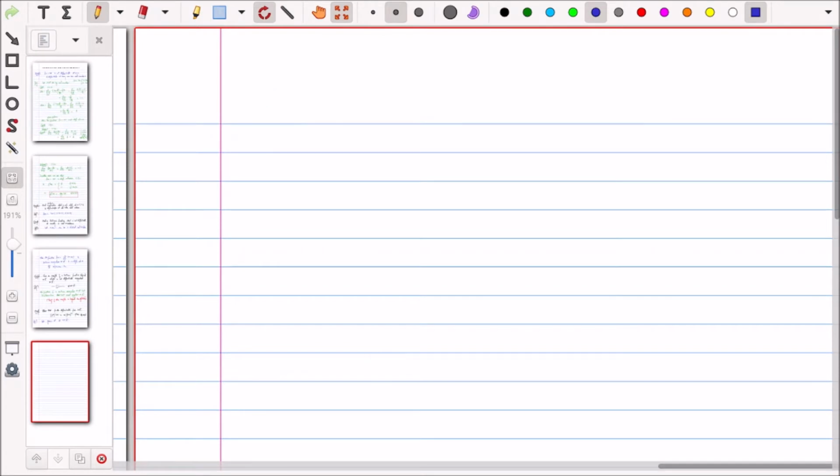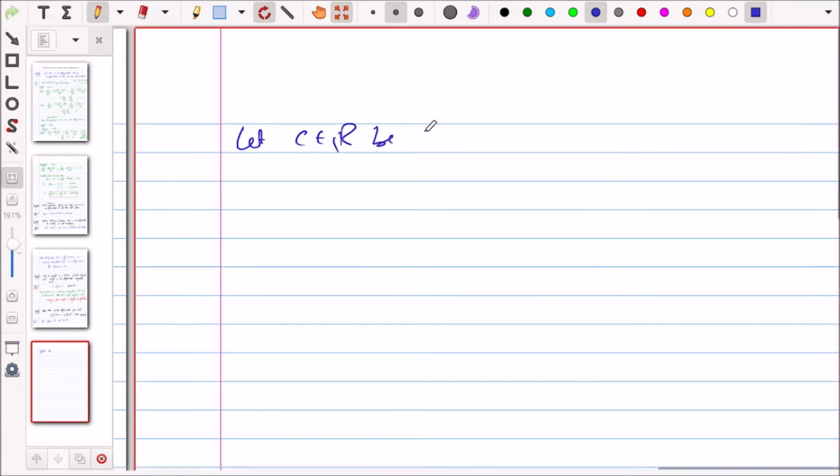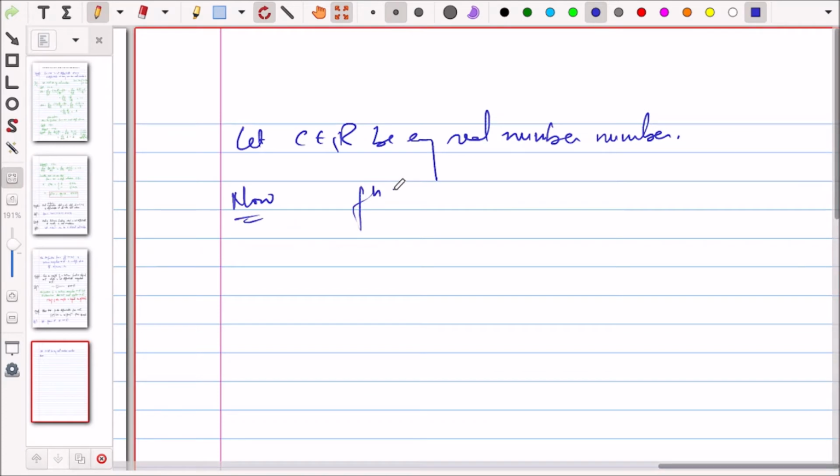So what will be the derivative of this g(x)? x to the power n: n into x to the power n minus 1. Yes, we need to find this, using the formula. Let c belong to R be any real number. Okay. Now f to the power n, (f^n)(x), is equal to what?